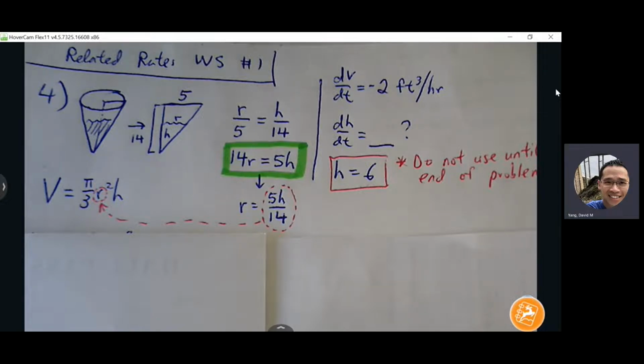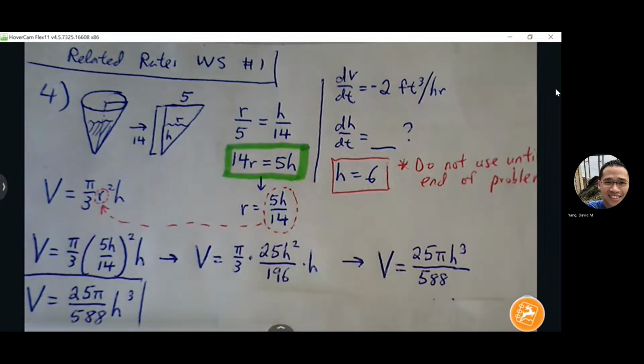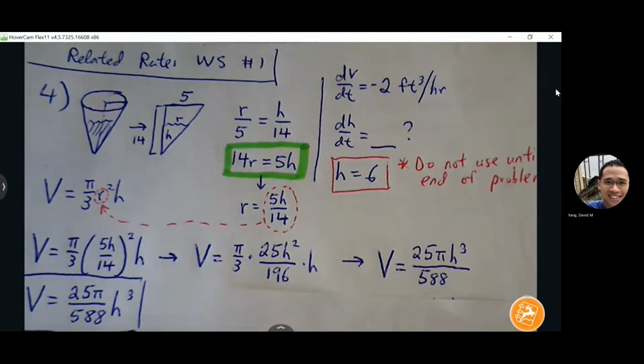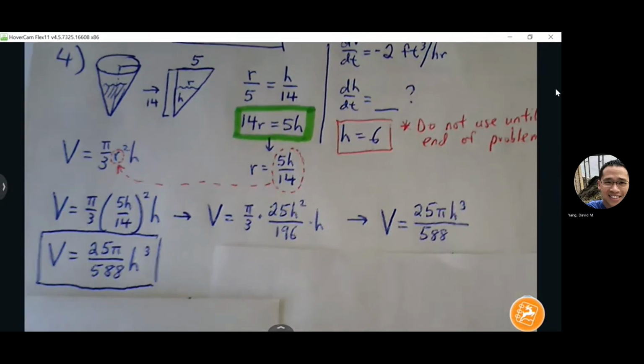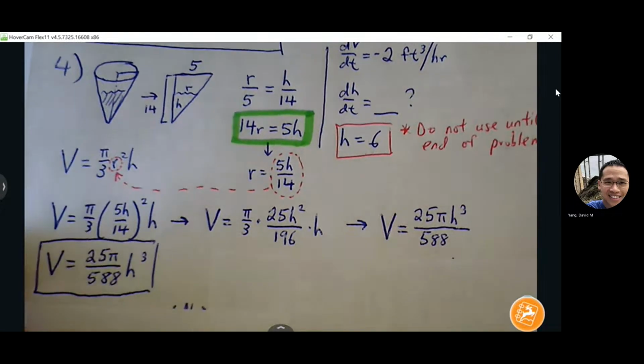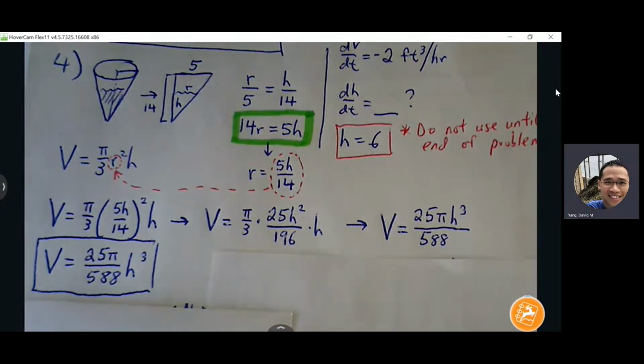So R gets replaced with 5H over 14. Once I made that substitution, we know we're going to do quite a few things before we can even get to the point where we're ready for the derivative.